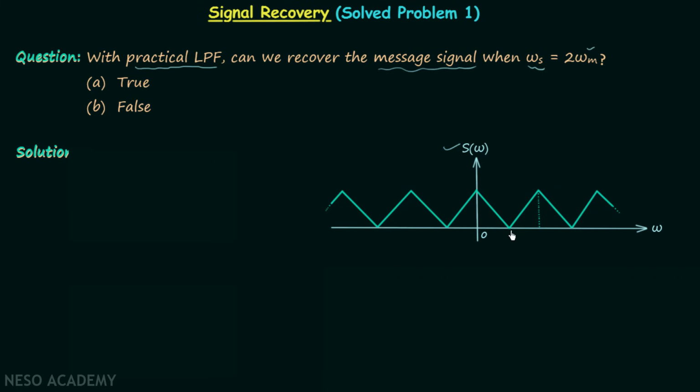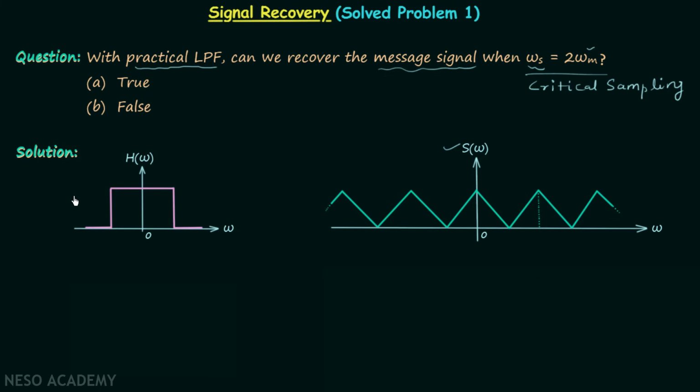The spectrums will be touching each other, and this particular condition is known as the condition of critical sampling. So we have the condition of critical sampling, and we are using a practical low-pass filter to recover this signal. Let's try to understand if we can recover the signal in this condition or not.